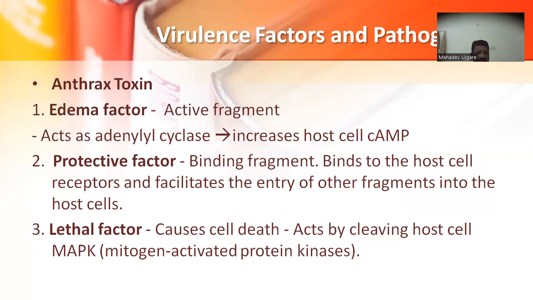Second is protective factor, which binds to the host cell receptors and facilitates the entry of the other fragments into the host cell. And third is lethal factor, which causes cell death by cleaving host cell MAPK, that is mitogen activated protein kinases.